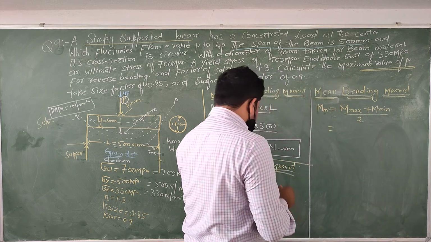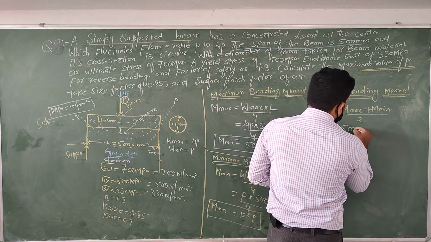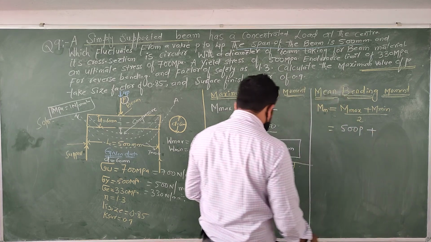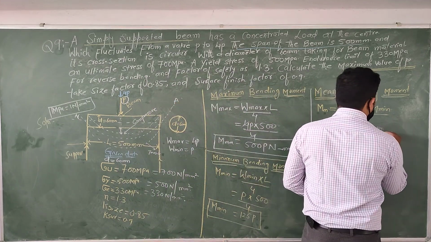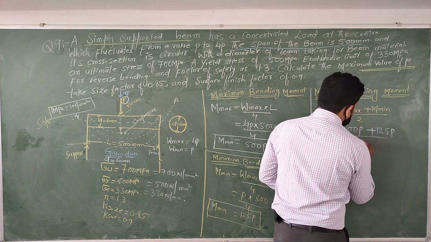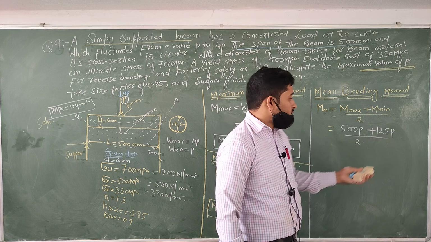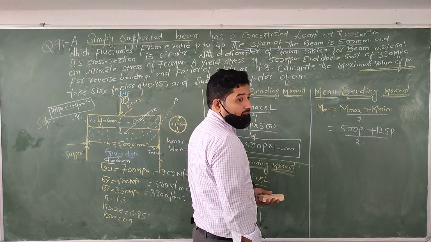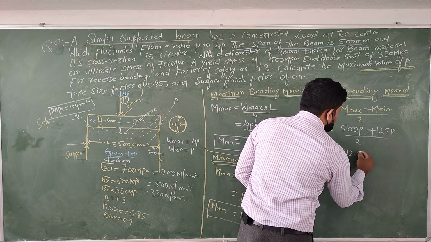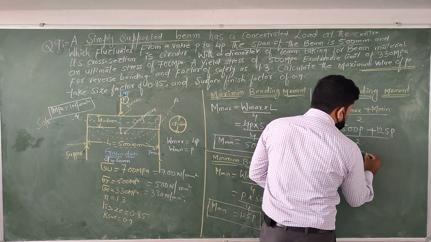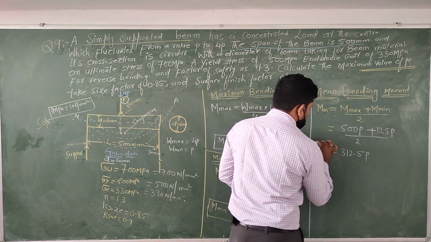The maximum bending moment you got here is 500P, plus the minimum bending moment 125P, by 2. Is it right? 500 plus 125 is 625. 625 by 2 gives 312.5. Is it right? 312.5. Okay. Then P is common here. That is the value of the mean bending moment.